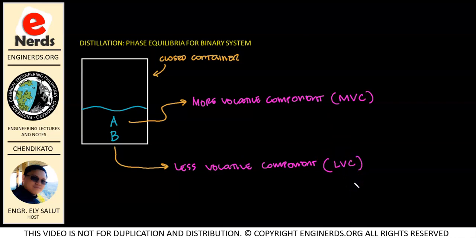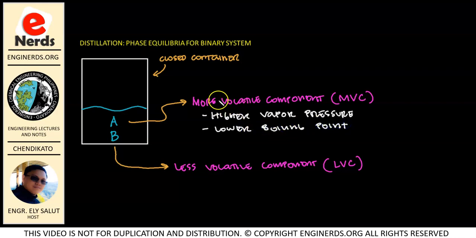Now, it is very important to identify that when we are dealing with distillation. We need to know which of our components has higher volatility and which has lower volatility. So, basically, our more volatile components or MVC are those having higher vapor pressure. Let me write that here. So they have higher vapor pressure compared with the less volatile component, and they also have a lower boiling point.